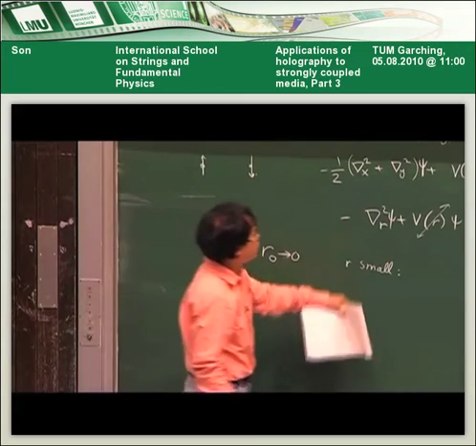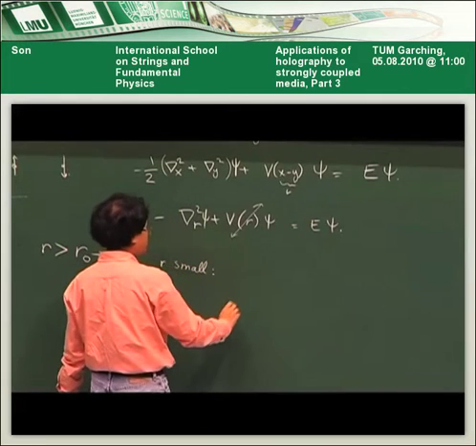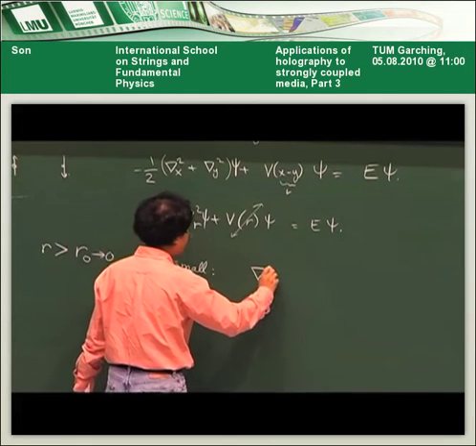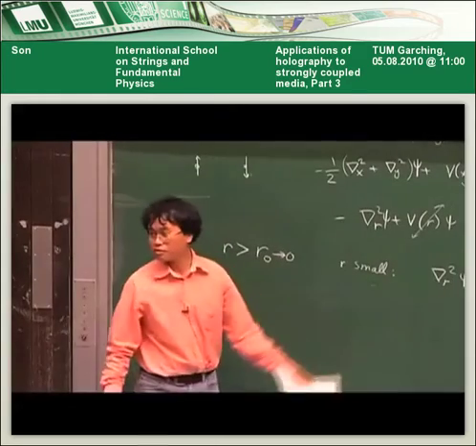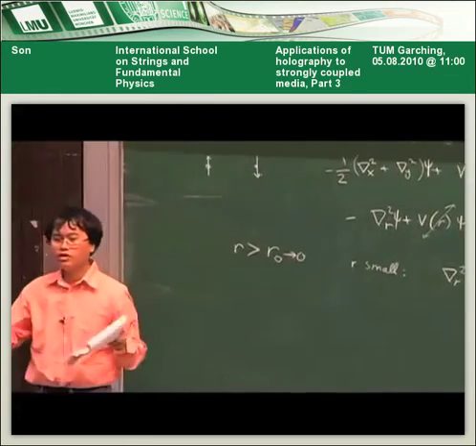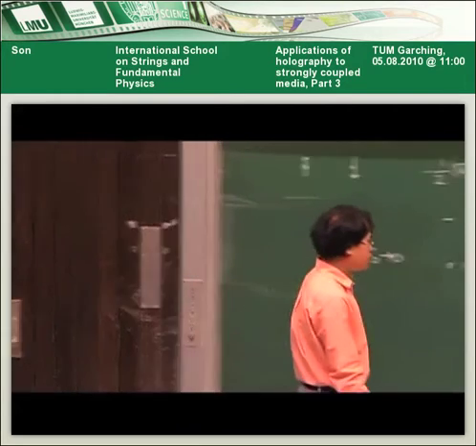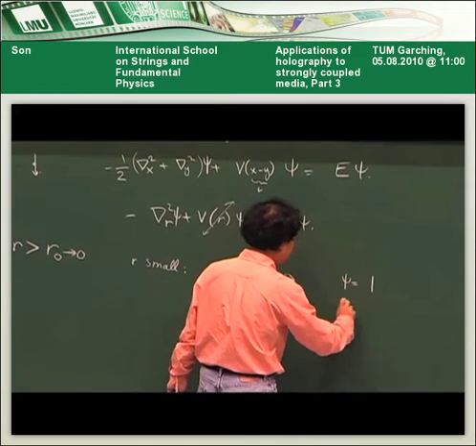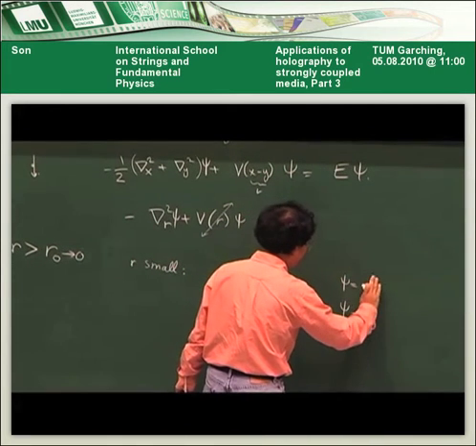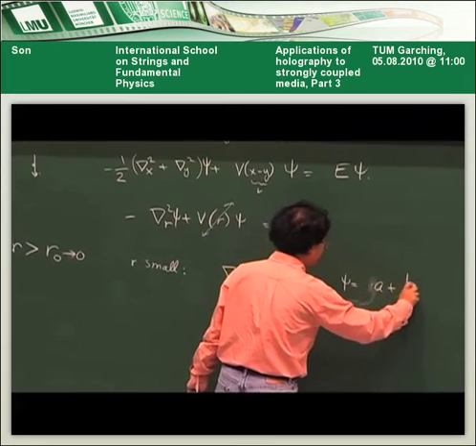If r is small, then the right-hand side of this equation can be neglected, so you have just the Poisson equation. At short distances, the wave function satisfies the Poisson equation, which, we know, has two solutions, psi equal 1 and psi equal to 1 over r, and it can be a linear combination of the two solutions. Let me call it A plus B over r.